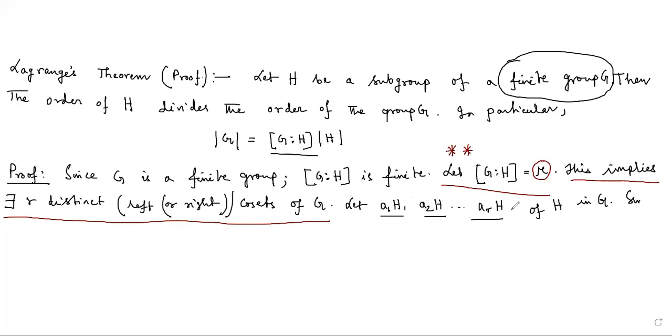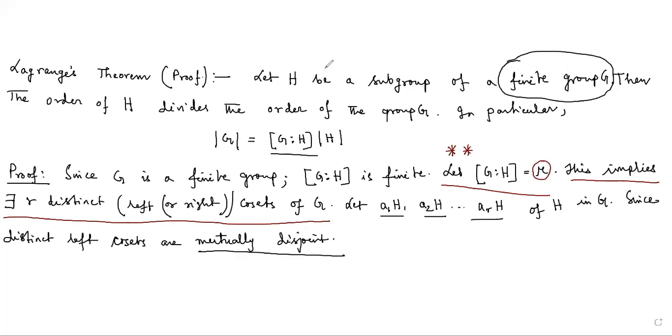Since the distinct left cosets that we have defined above are mutually disjoint, what do we mean by the word mutually disjoint? This is not the same as mutually exclusive. Mutually exclusive is something else.